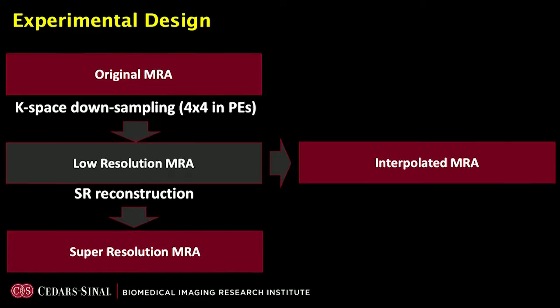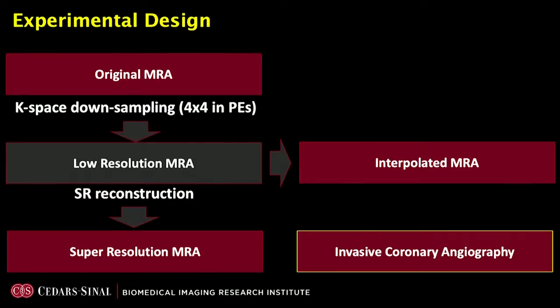And then a super-resolution reconstruction will be performed, which will generate a super-resolution MRA at the same resolution. So these three will be compared against each other. And since these patients are scheduled to undergo invasive angiography, you can use that as a ground truth.